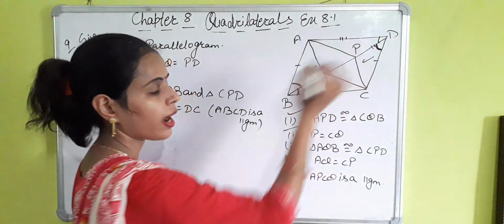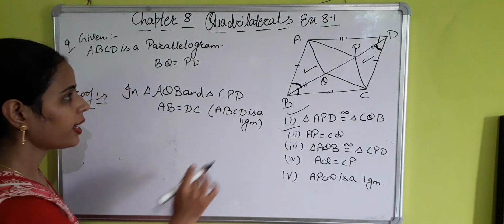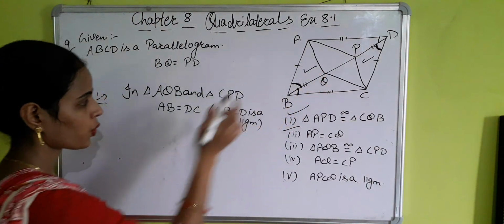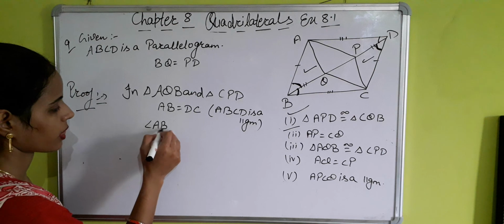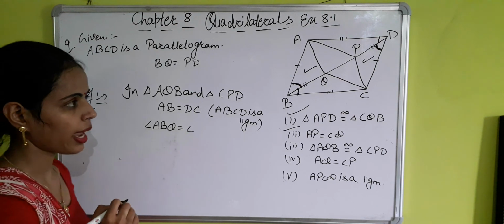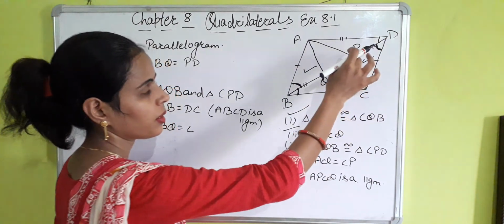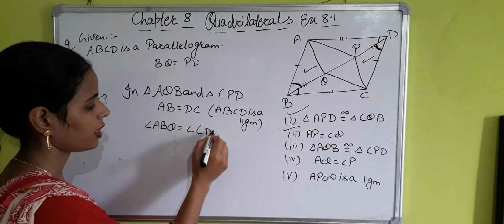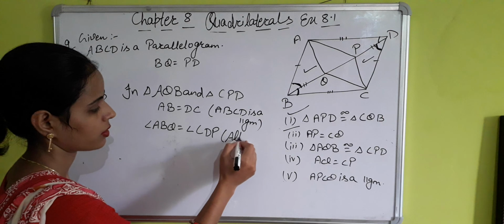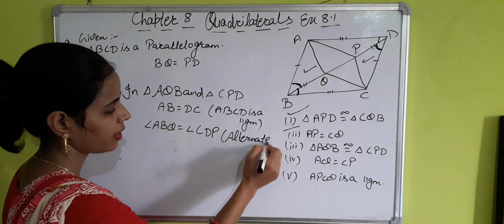These are the alternate angles. Angle ABQ equals to angle CDP. Alternate angles.